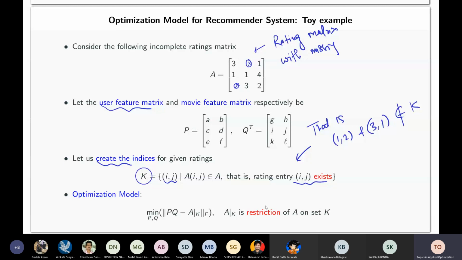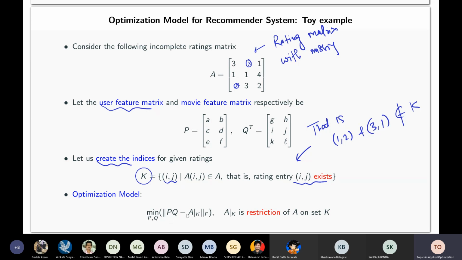So the optimization model now is this. P and Q transpose will become a row, so it's fine. PQ is a longer matrix multiplied with a shorter matrix.